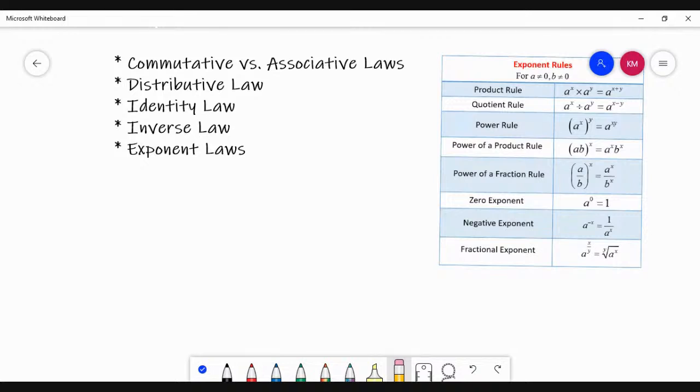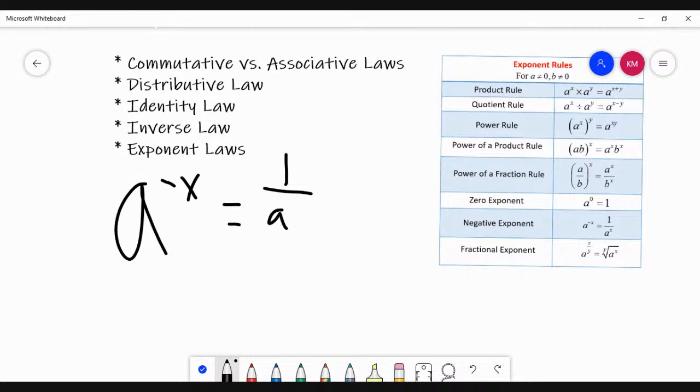All right, the negative exponent. The negative exponent rule says a to the negative x equals 1 over a to the positive x.